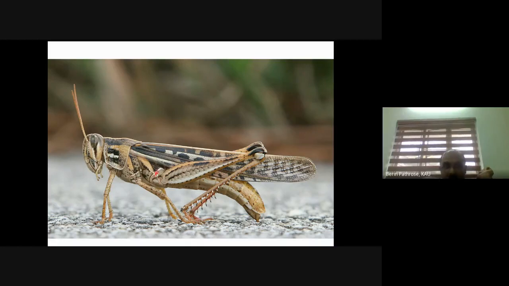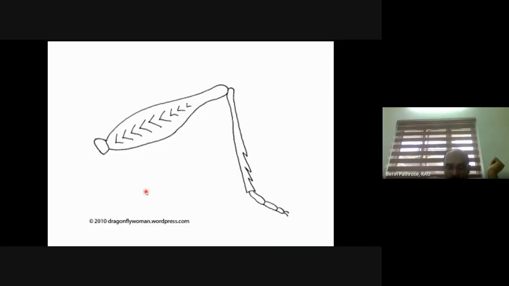So coxa, trochanter, and the femur of the hind leg are extremely enlarged, consist of muscles, and this is the tibia, and at the tip of the tibia we have the tarsal segment. In the foreleg and mid leg, the femur is not enlarged, so it's not modified for saltatorial or jumping purpose.